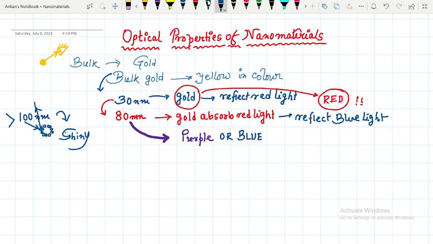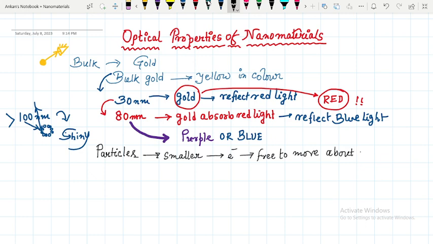It may be said that when the particles get smaller, the electron will not be able to freely move about as in bulk gold.